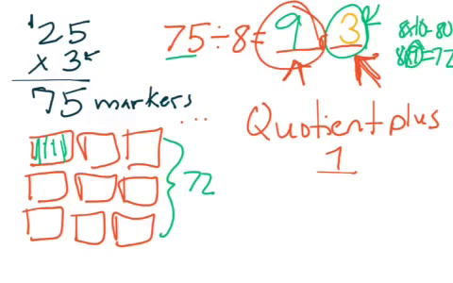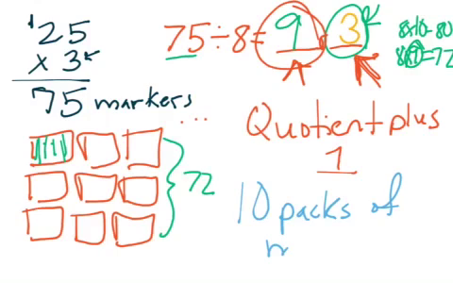Well, I'm adding 1 more to 9, which means 10. 10 packs of markers. I can't leave markers off of my order. So in order for all of my students to get all the markers that they need, I have to add 1 to my quotient.